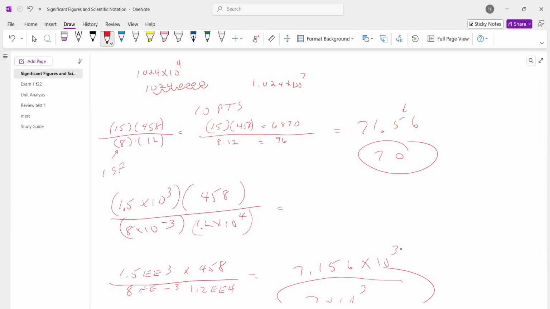That's why your answer is going to have 1. Not the first number, the smallest sig fig. In this case, it was the first one, but usually it's not. It's usually scattered around. Just go sig fig, sig fig, sig fig, and the smallest one is what your answer is going to have.